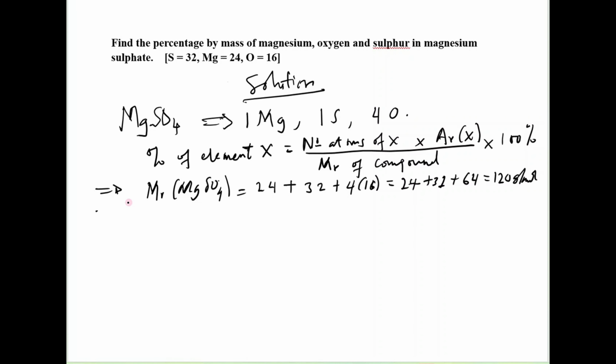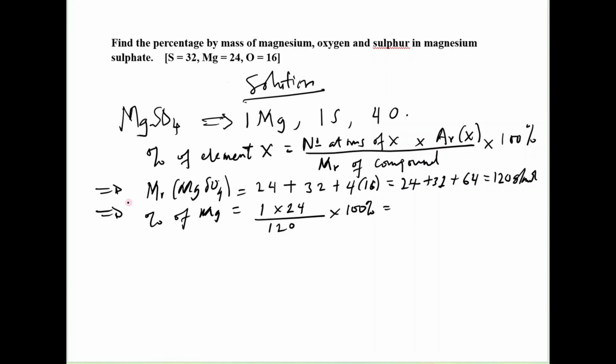Now it implies that the percentage by mass of magnesium will be equal to how many atoms of magnesium do you have in magnesium sulfate? That is 1, multiplied by the relative atomic mass of magnesium, which is 24, divided by the relative molecular mass of the compound, 120, multiplied by 100%.